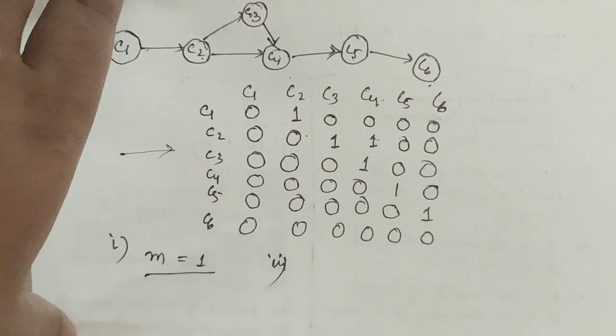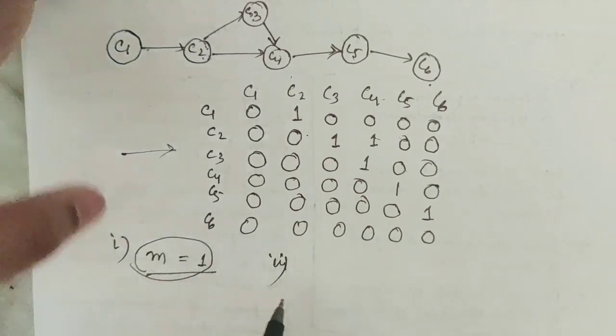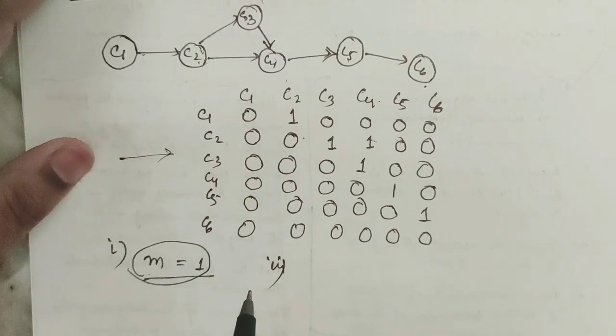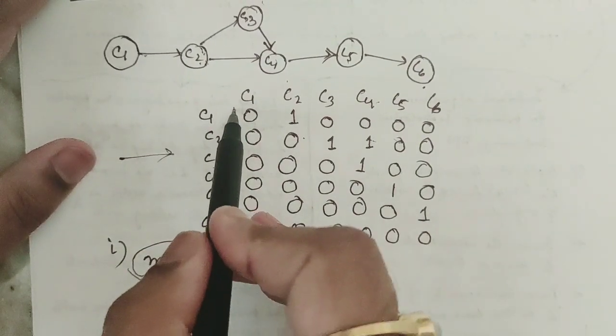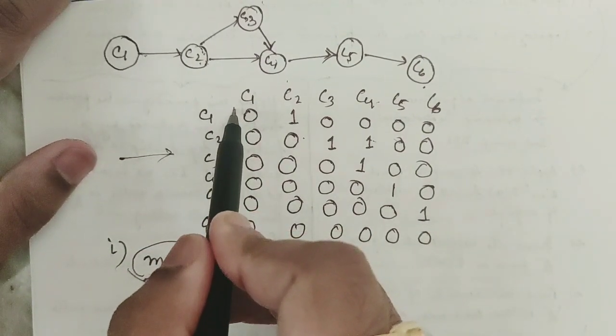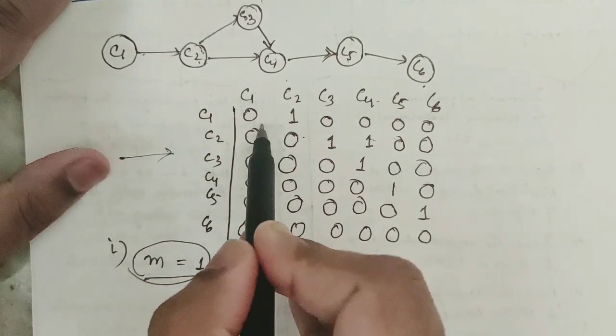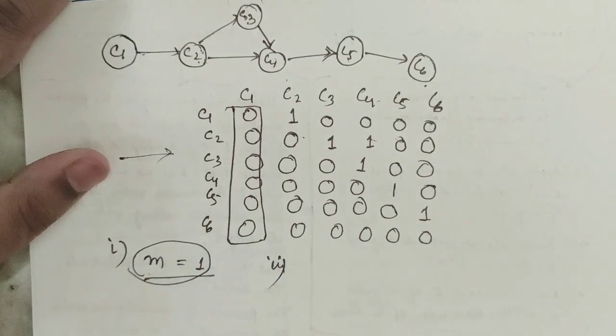So I told let us assume m equals 1. Let me find out the role of m here. It is observed that the first column is all 0. Therefore, the vertex C1 is assigned the number 1.